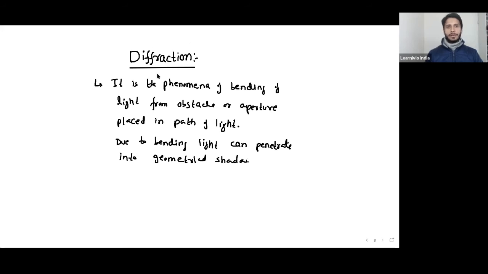See, one example of observing this diffraction in light is this. Let's say I take this obstacle. This is a wall. And this is the screen.